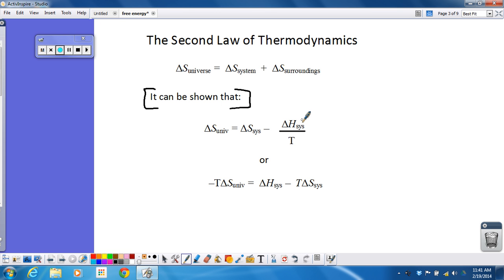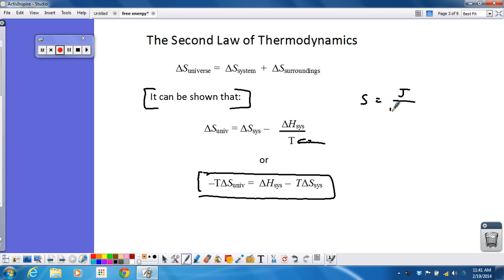So we get this expression right here. Negative T delta S of the universe equals delta H for the system minus T delta S for the system. And again, capital T is Kelvin temperature, because remember, units of entropy are joules per mole Kelvin. So now this gives us a way to figure out what's going on in terms of just things that can be measured about the system.